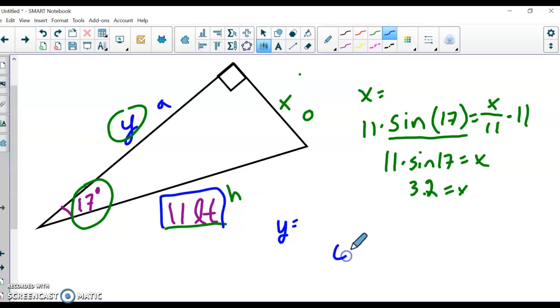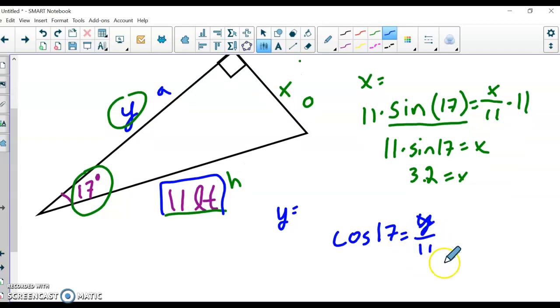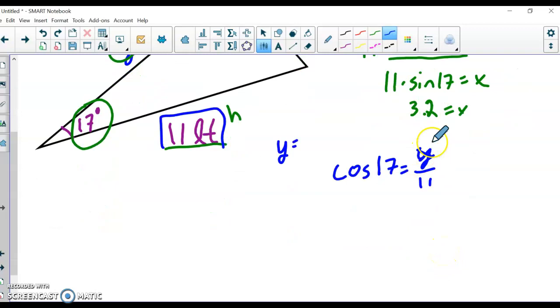So I know that I have the cosine of 17 degrees equals y, my adjacent side, over 11. That looks a lot familiar. The only thing different is this cosine. So I'm going to multiply by 11, multiply by 11. I'm going to say 11 cosine of 17 equals y.